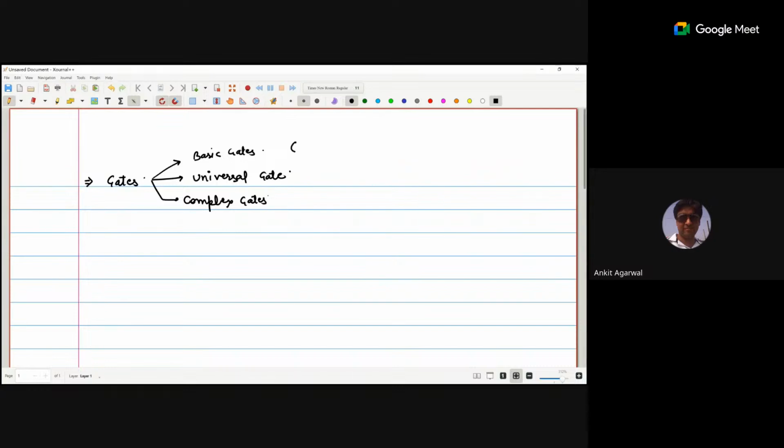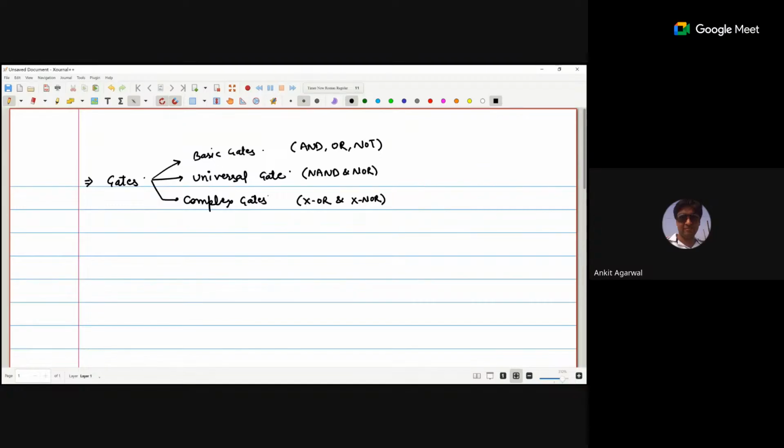Basic gates are AND, OR, and NOT. Universal gates are NAND and NOR. And complex gates are XOR and XNOR.